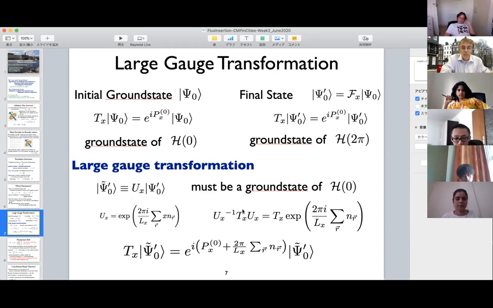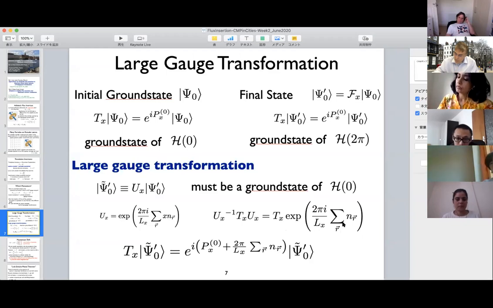But if you put the translation operator in the middle, then you shift all the coordinates by 1. So this x is shifted to x plus 1, which does not cancel exactly. So you have some extra factor, which is exponential of 2 pi i over Lx times the summation of n_r. But this is the sum of particle numbers, which is the total number of particles, a conserved quantity.